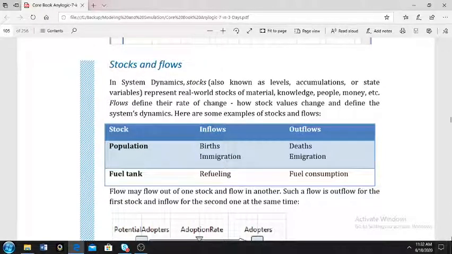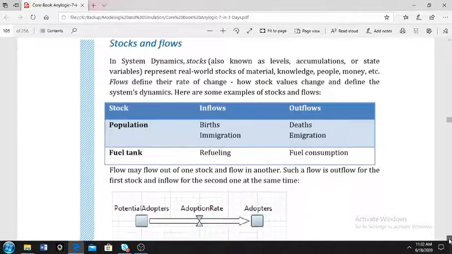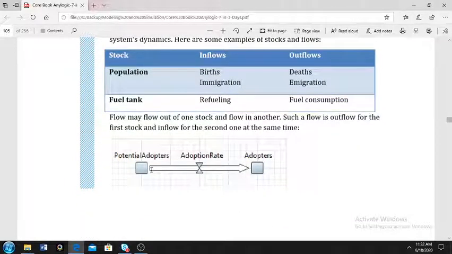The book also explains it very, very well. For example, we have potential adopters, and here we have adopters. Here we have a flow, which is the adoption rate. So this is a stock, potential adopters of a product, like in the model we simulated in agent-based modeling, how a product enters the market, for example.